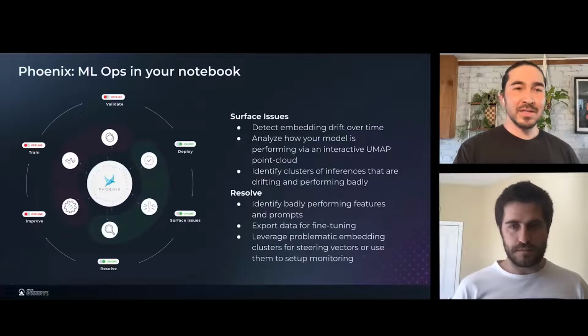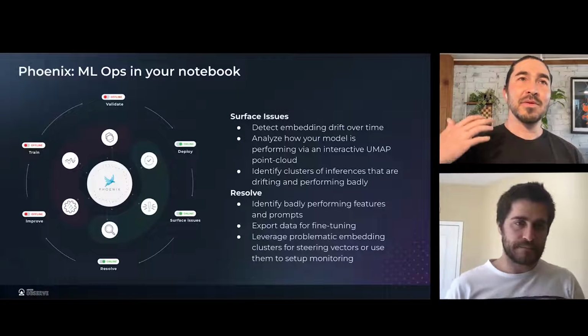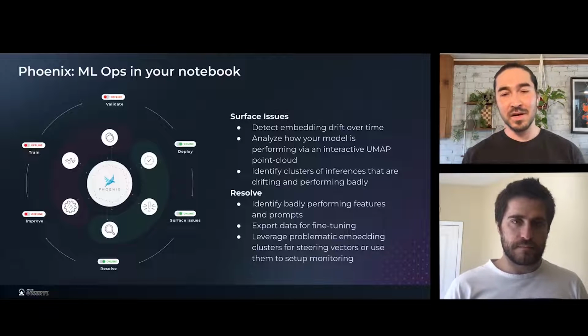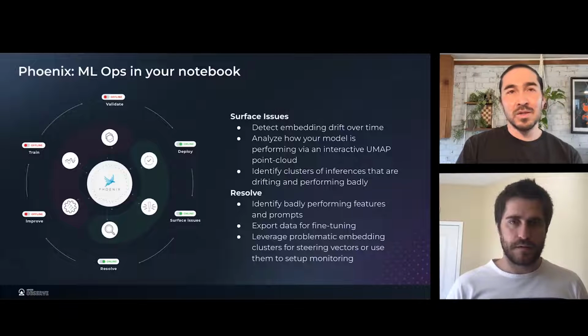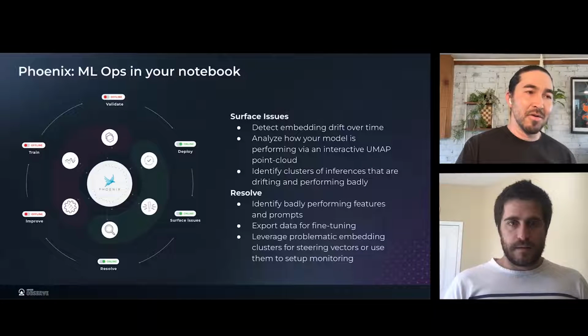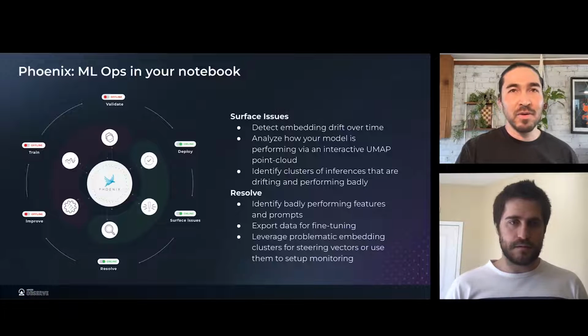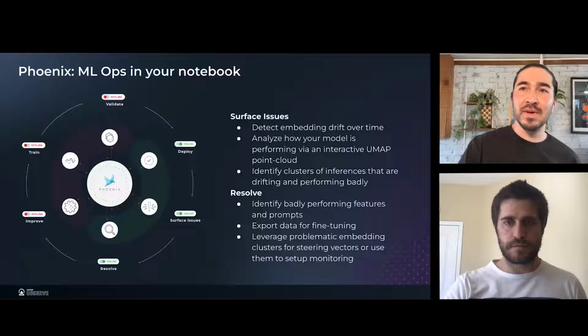But before we get too into the details, let's talk about how Phoenix specifically solves some of the MLOps problems in the notebook. One, Phoenix is great for detecting embedding drift over time, how your production data is shifting from what it was trained on. It also helps you analyze how your model is performing via an interactive UMAP point cloud.